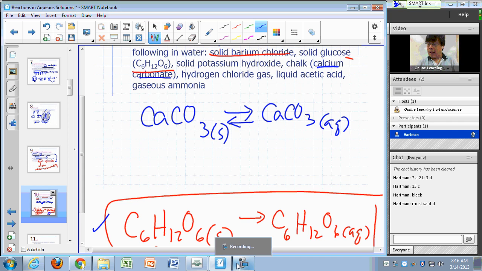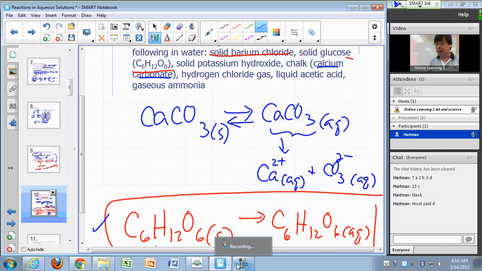Now, calcium carbonate in water is not going to be pairs of calcium and carbonate ions. They're all going to be dispersed. Each ion is going to be surrounded by water molecules. So this is actually much better represented by writing it separately: calcium ions, aqueous, plus carbonate ions, aqueous. Anytime you have an ionic compound in water, you have to write the ions separately.